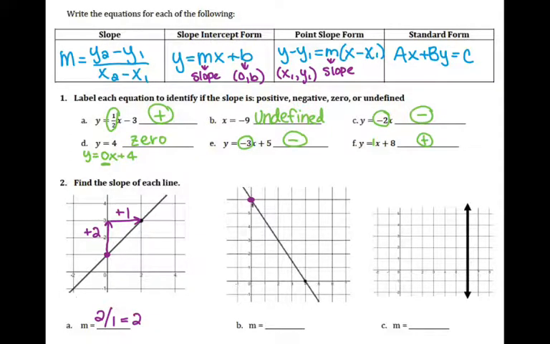Starting at that point, I need to go down 6 and to the right 4. So I have -6/4, which I always want you to reduce if you can, and that becomes -3/2. And if I look at my line for letter C, it is a vertical line, and vertical lines have an undefined slope.